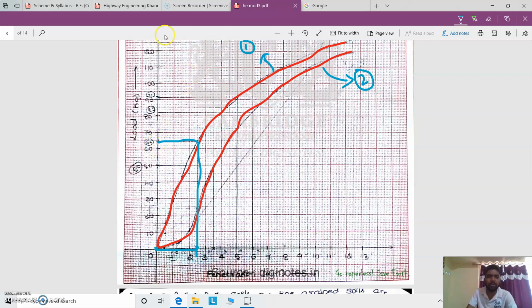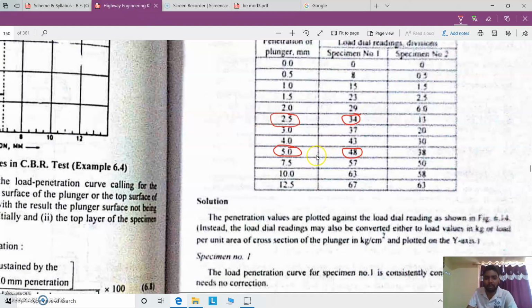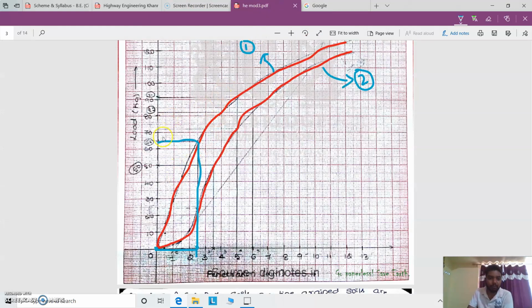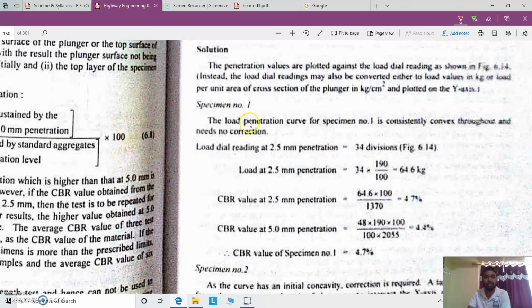For this load value, we have to write like this. For specimen 1, once we plot the graph and get the value of load for 2.5 mm penetration, we write: the load penetration curve for specimen 1 is consistently convex, not having any correction throughout its length.